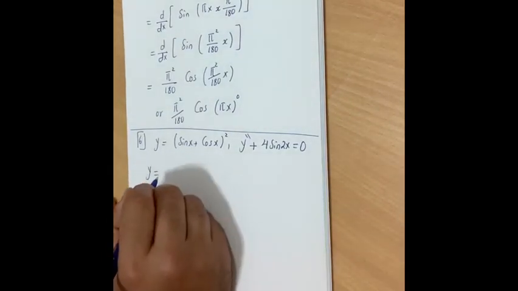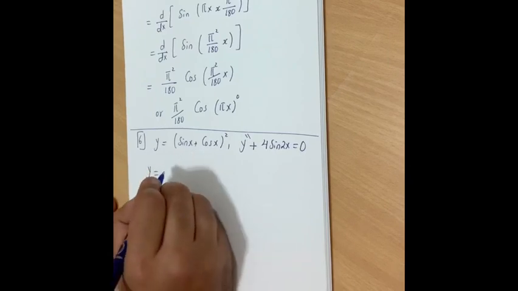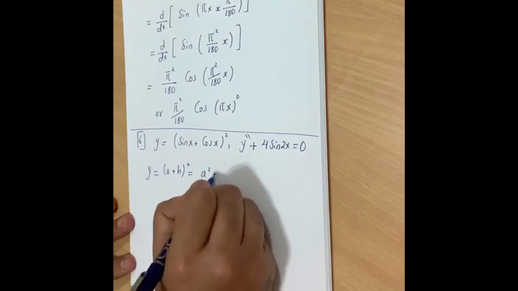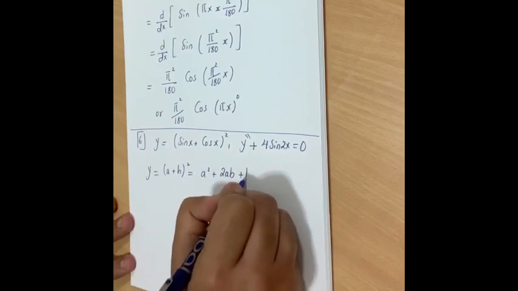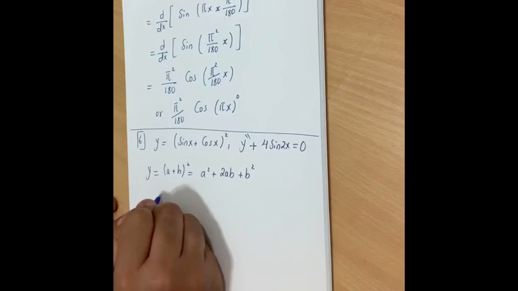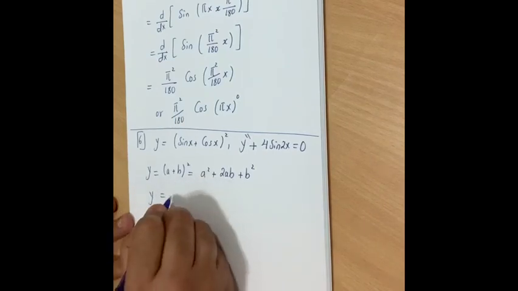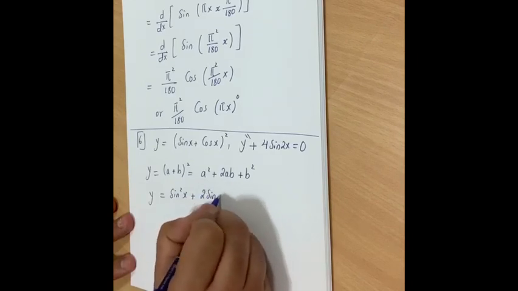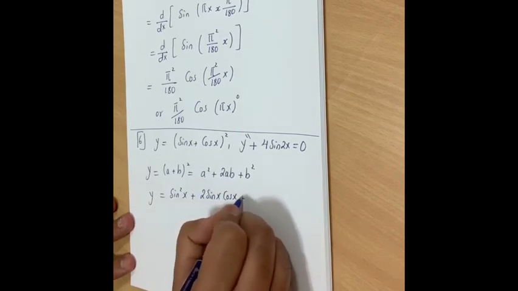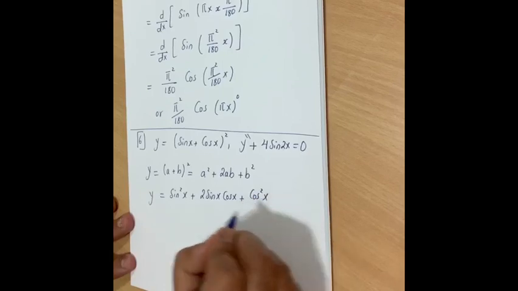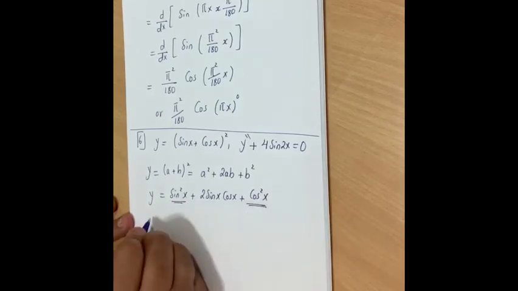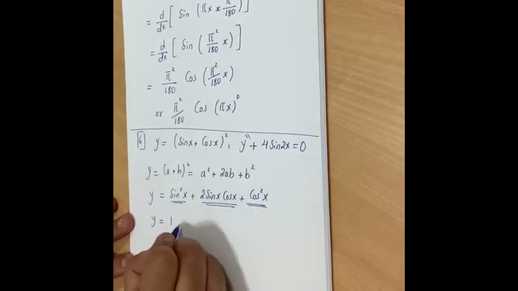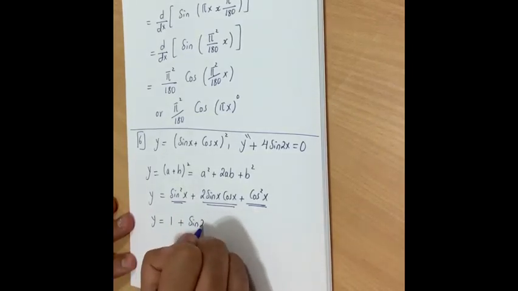So this is a perfect square expression, which is a plus b squared equals a squared plus 2ab plus b squared. So the function is sine squared x plus 2 sine x cosine x plus cosine squared x. Sine squared plus cosine squared is equal to 1. 2 sine cosine is sine of the double angle, so sine of 2x.